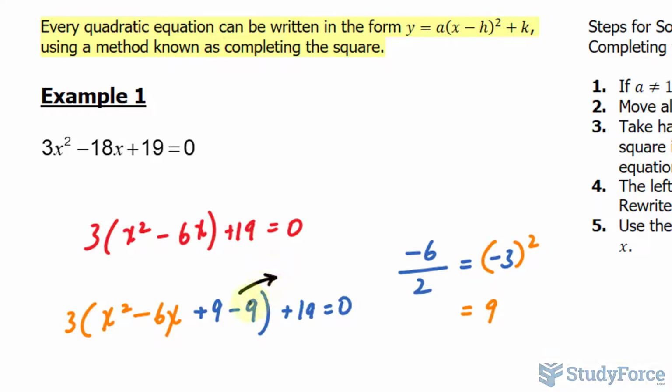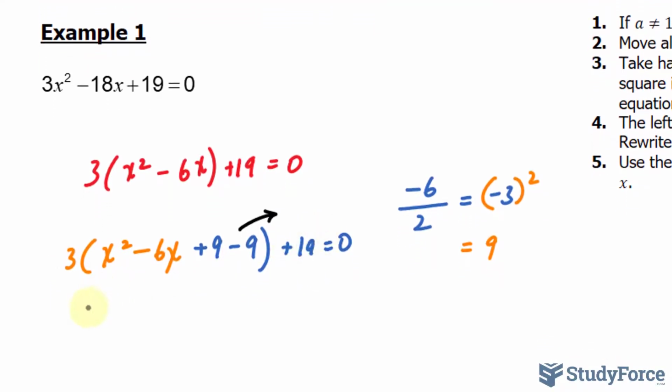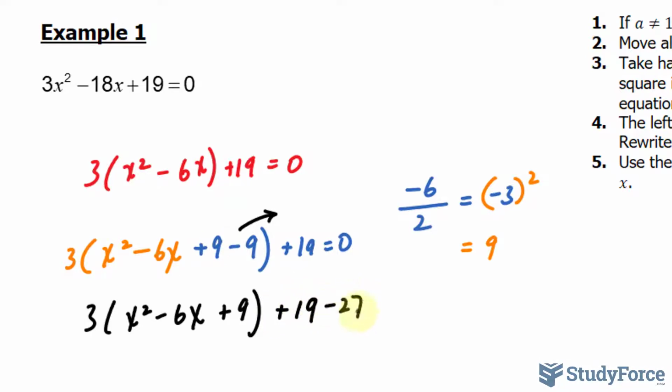But in order to take it out, you need to multiply it by 3 first, because you can't simply remove it outside the parentheses if there's a factor at the front. So 3 times negative 9 is negative 27. I'll write down 3 bracket x squared minus 6x plus 9. We've officially removed the negative 9, and it became negative 27. We have plus 19 minus 27 is equal to 0.